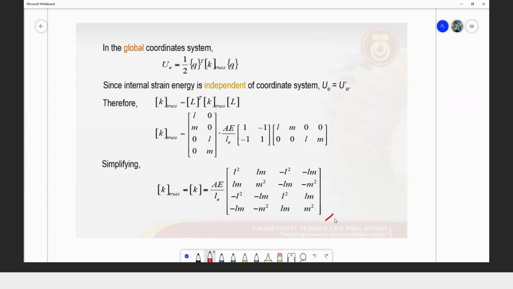Okay, this is our element stiffness matrix. It has become a 4 by 4. Why 4 by 4? Because in one element we have 2 degrees of freedom at each node: 1, 2, 3, 4. Then that's why we have a 4 by 4 element in the K matrix.